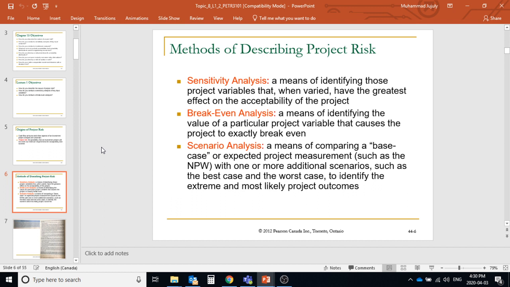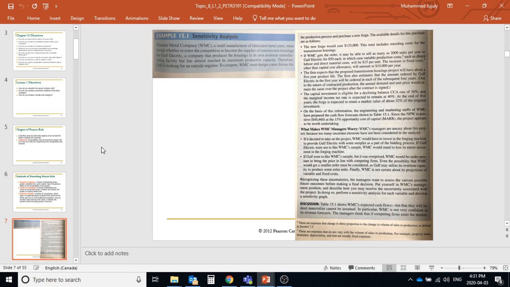Break-even analysis means identifying the value of a particular project variable that causes the project to exactly break even. We have already seen what the break-even point is. Scenario analysis means comparing against the base case. For instance, NPV would be one measurement of the base case, or AE is another.